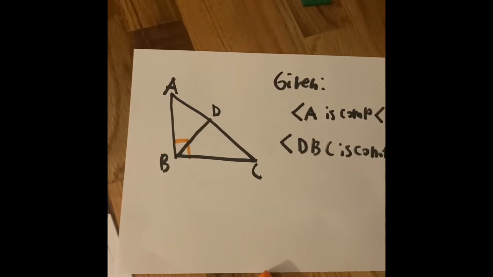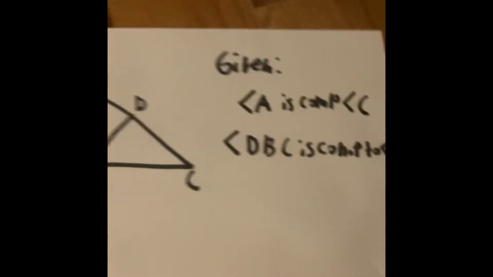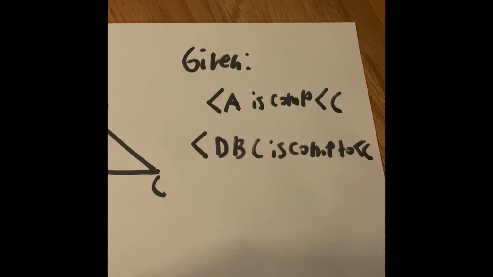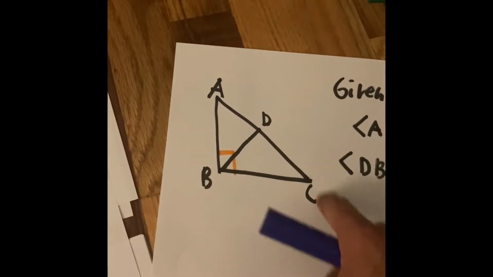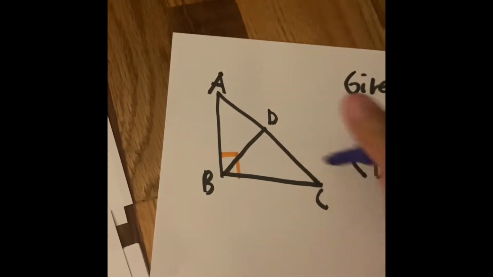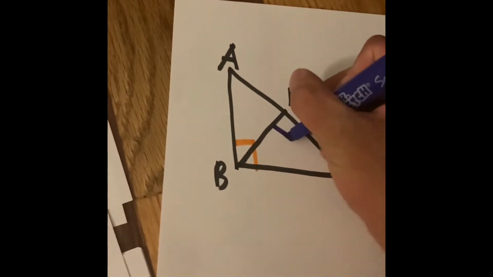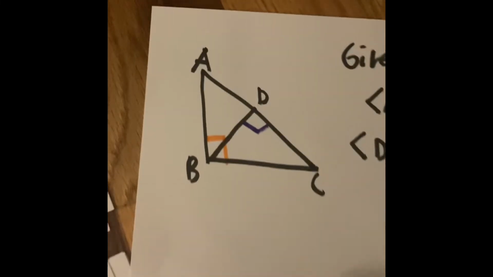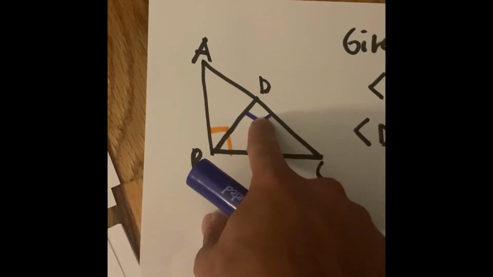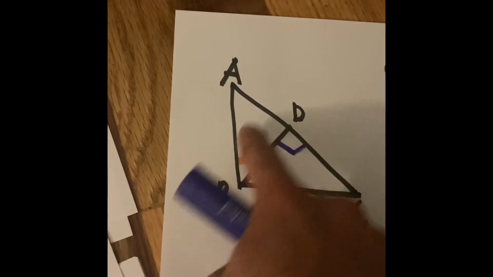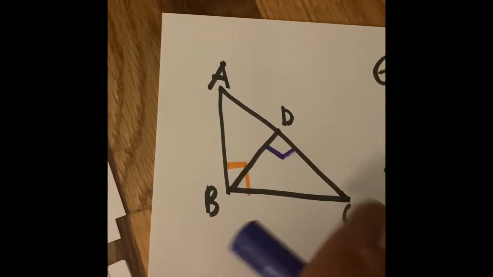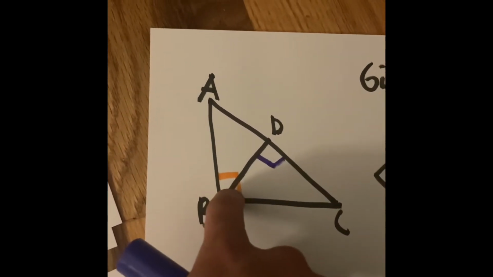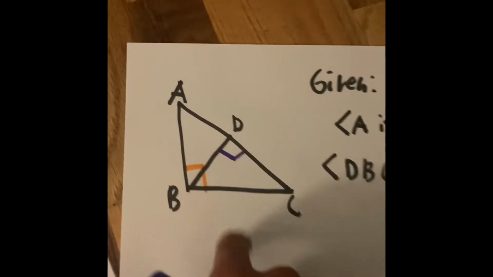We could also say that angle DBC is complementary to angle C. The reason we put it up here instead of here is that if ABC is a 90-degree angle, BCD right here cannot be 90 degrees. So we put it up there.